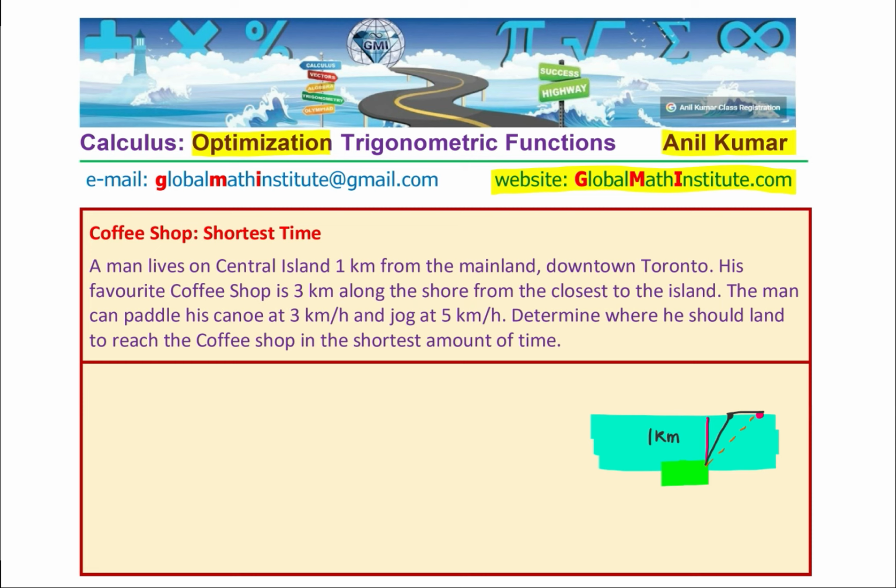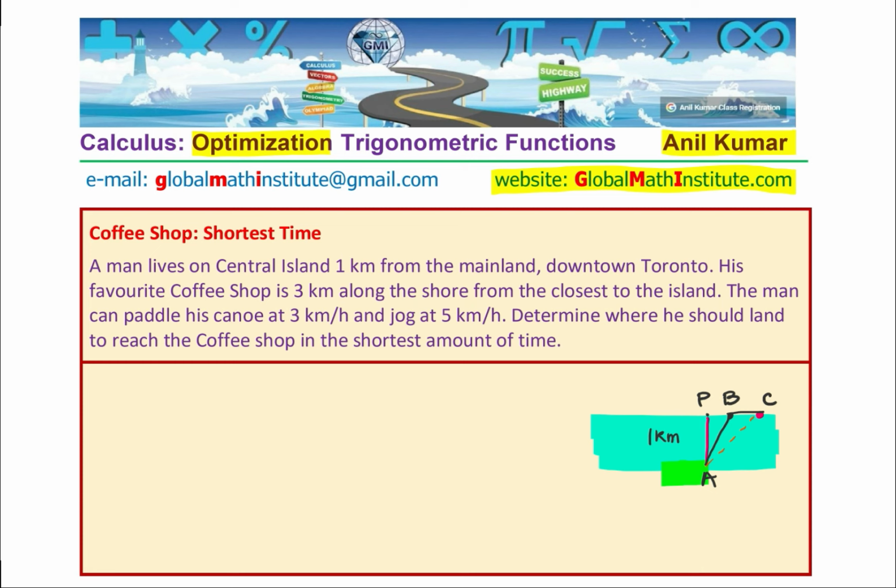So that is the general situation which we are going to address. Let's say this is point A. The person lands at point B and then sees the target. And the closest point on the opposite side, let's call this point P, is 1 kilometer from the island. Is that situation clear to you?